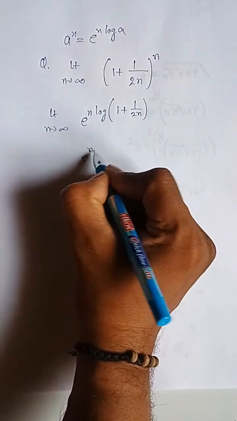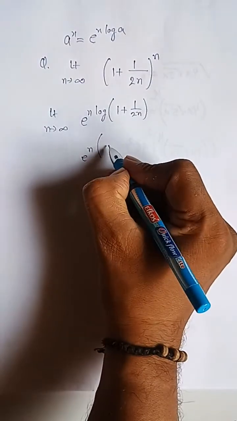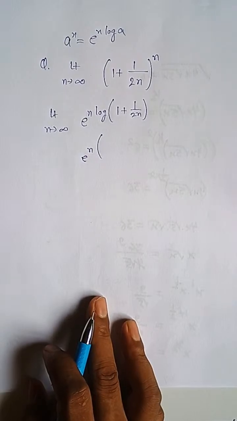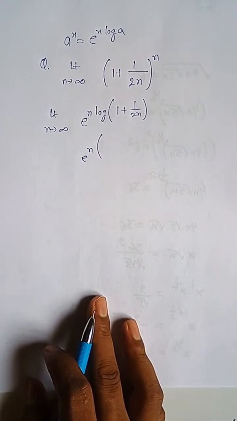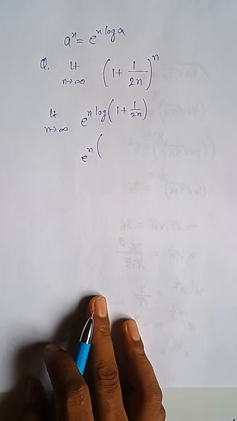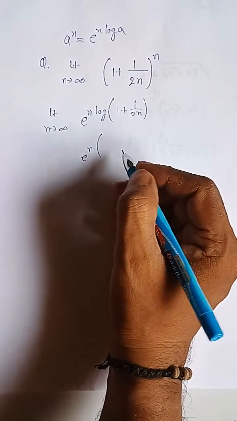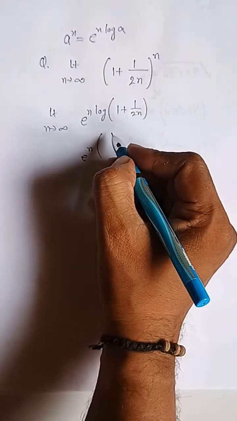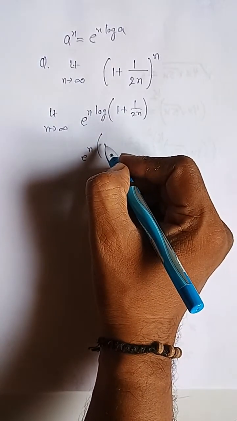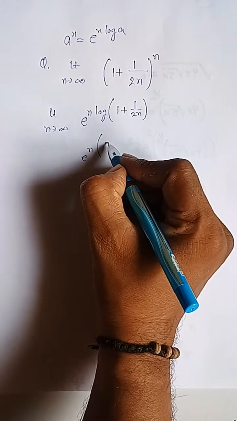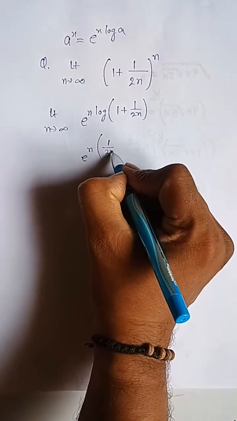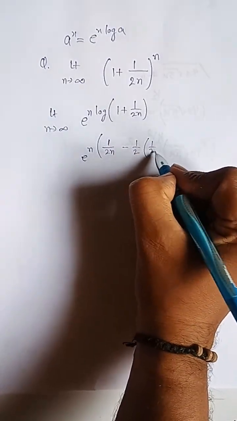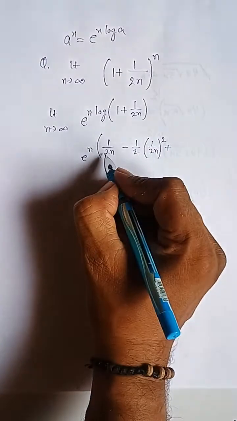Then e to the power n times the expansion of log 1 plus 1 by 2n, written over here in this way: 1 by 2n minus 1 by 2 (1 by 2n) squared, plus, minus, plus.